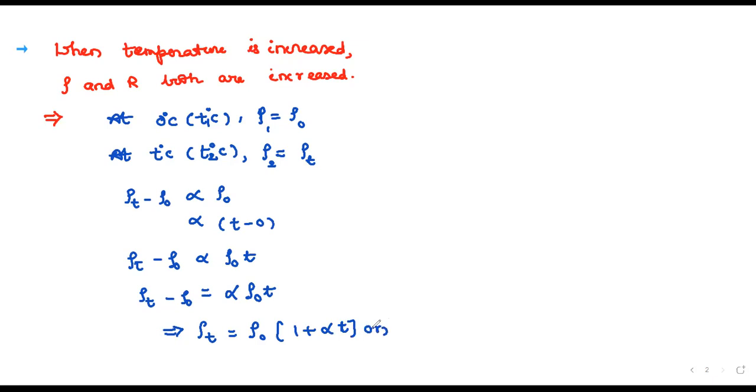The same thing I can write here: taking rho naught into T to the other side, alpha is equal to rho T minus rho naught upon rho naught times T. These are the two equations usually we use in numericals.